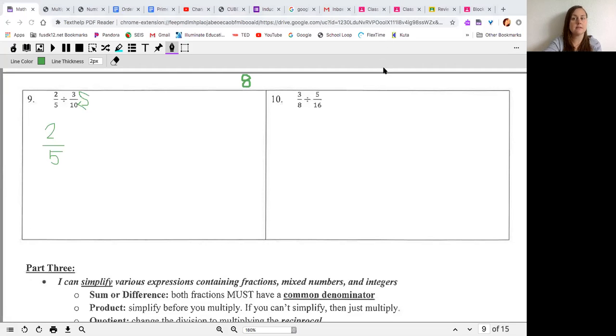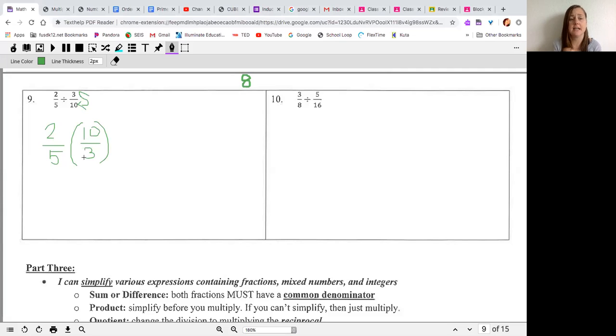And then my division sign, I change to what? A multiplication sign. So I write my parentheses. And I am switching, so 10 is on top and 3 is on the bottom.